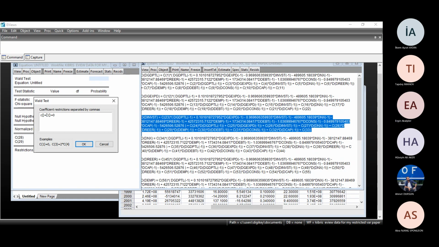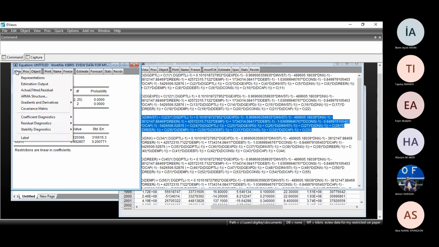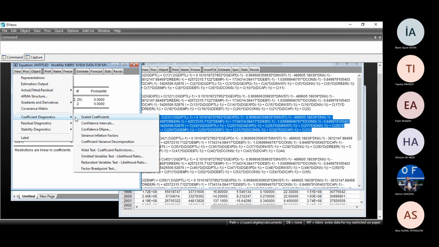So let's say 30, 31, and finish it. We have also kept. Is also fine. And you can do for 31, 32 also if you want.